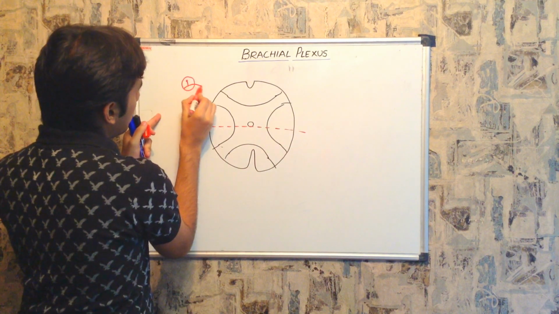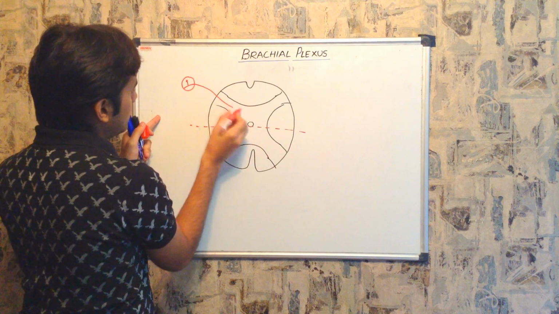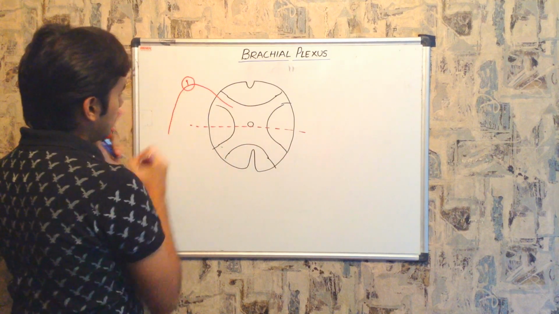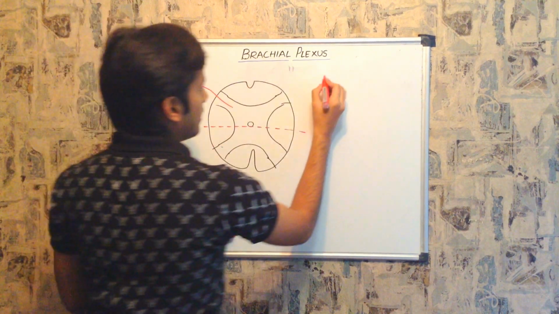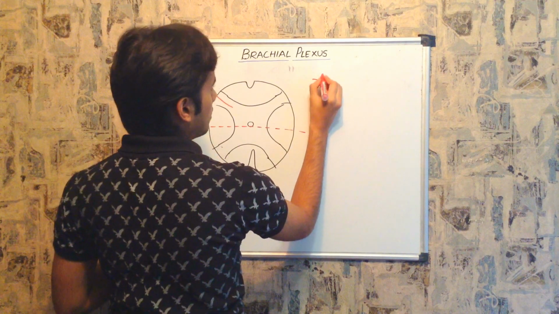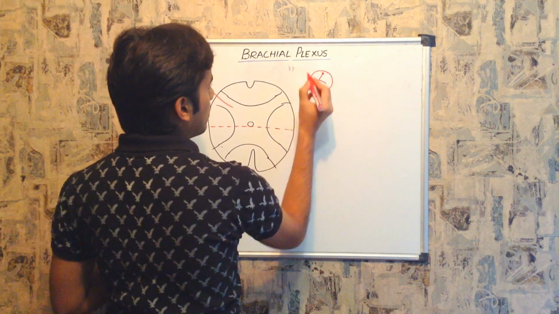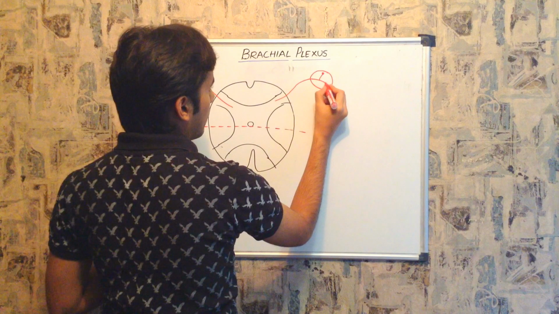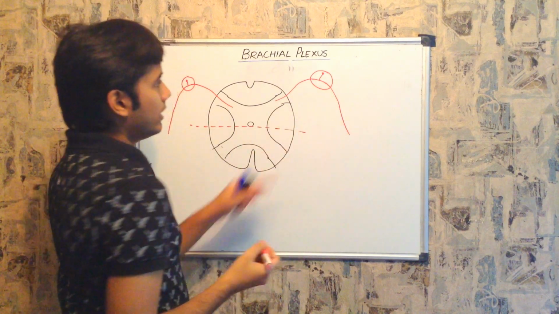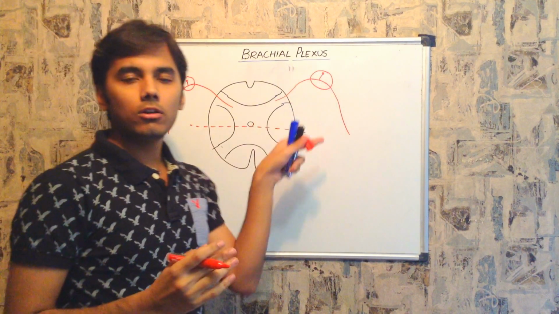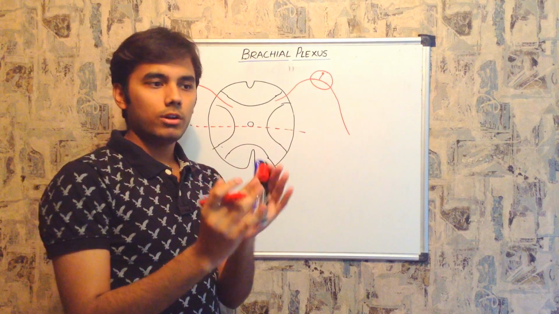From here, one central nerve as well as one peripheral nerve comes out, right? In the same way, here, this is the dorsal root ganglion. What exactly is meant by ganglion? A ganglion is a cluster or a group of cell bodies.